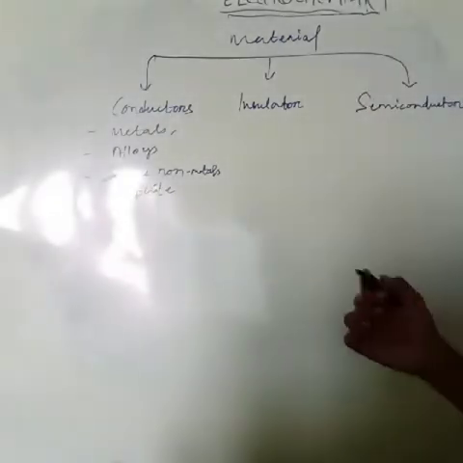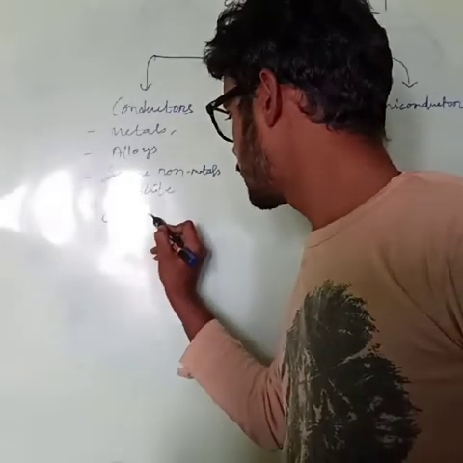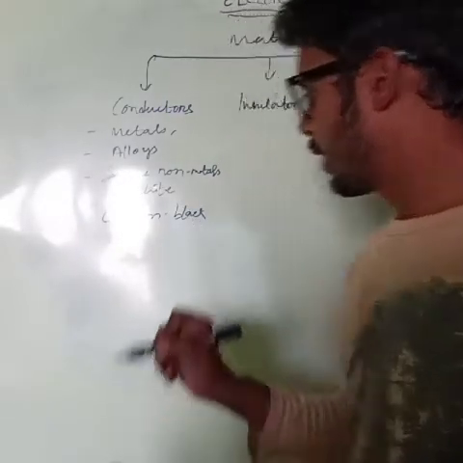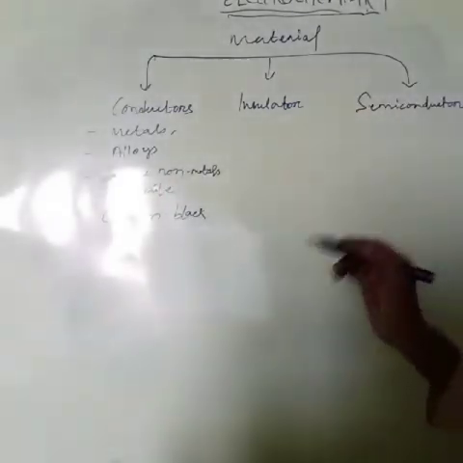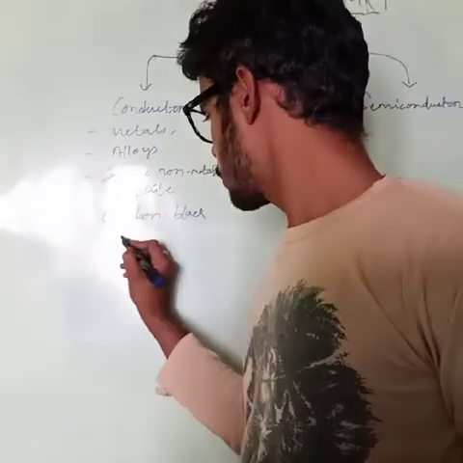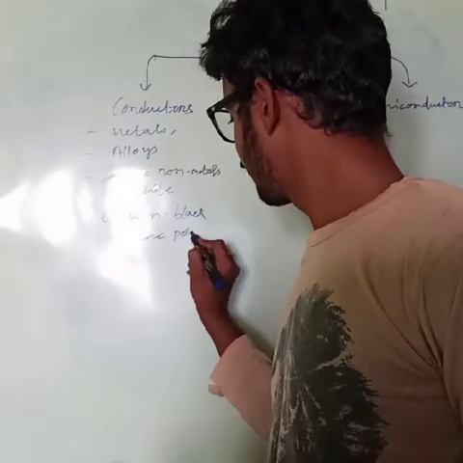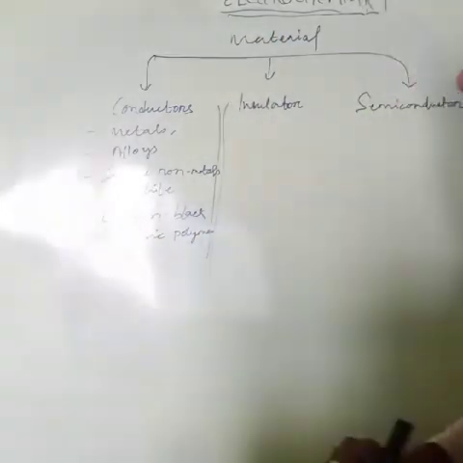As well as some carbon black, it conducts some electricity, a low amount, but it conducts. Some organic polymers also conduct electricity. So these all come under the conductors.